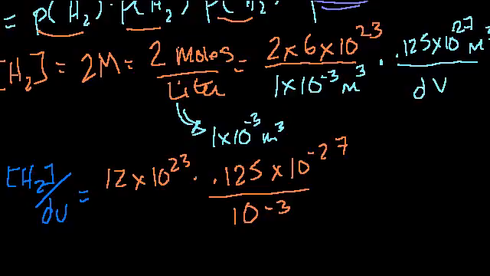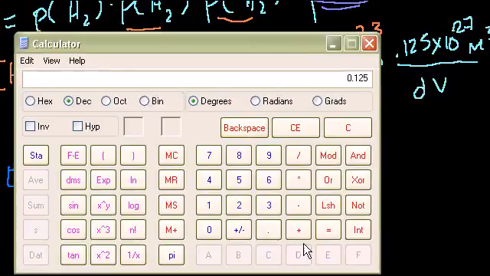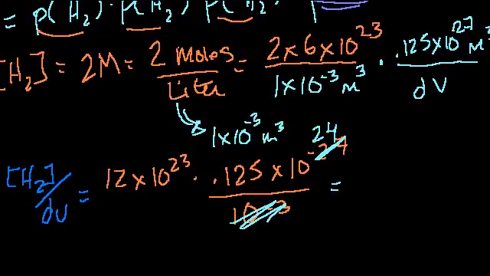So let's cancel out some exponents. If we get rid of the minus 3 here, you divide by minus 3, then this becomes minus 24. So what's 12 times 0.125? 12 times 0.125 is equal to 1.5.